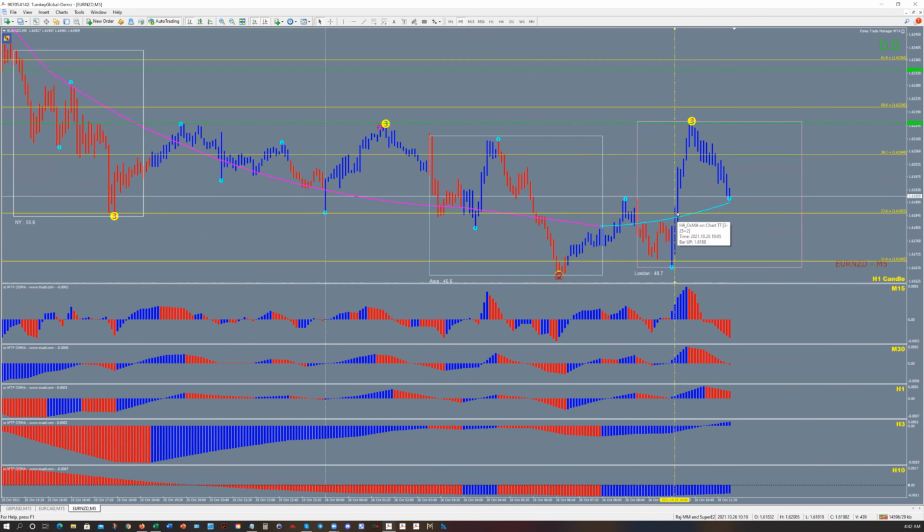If your entry is here, your target should be here. And you're saying, okay, that's the 30 pip target for a 17 pip or 20 pip stop loss. Is it worth it? It doesn't meet my trade parameters, so I didn't take the trade. That makes sense. Did it answer your question? Yes.